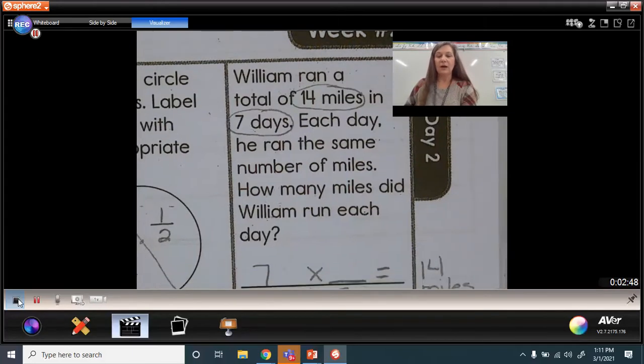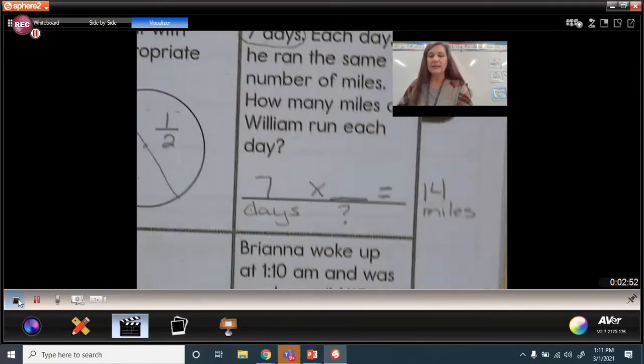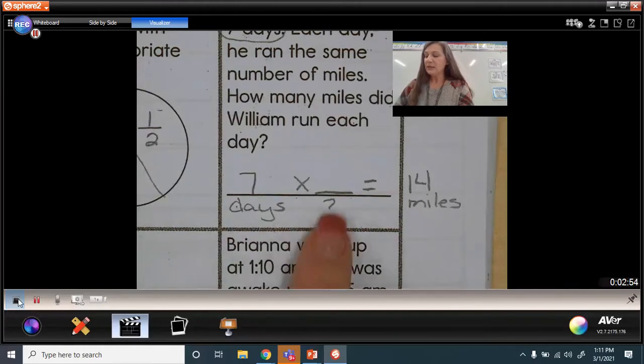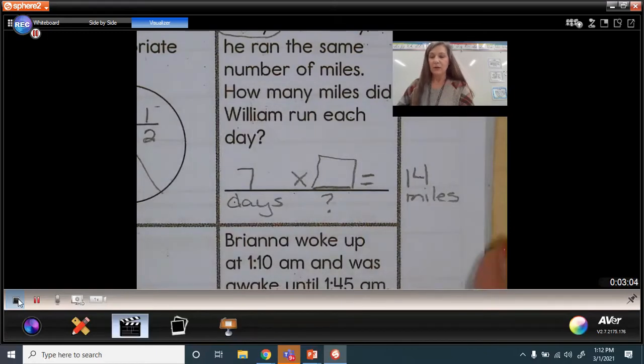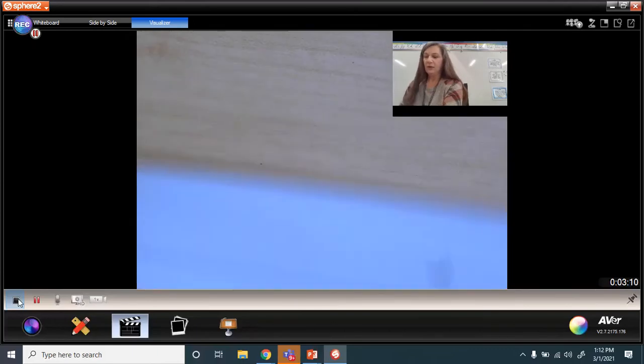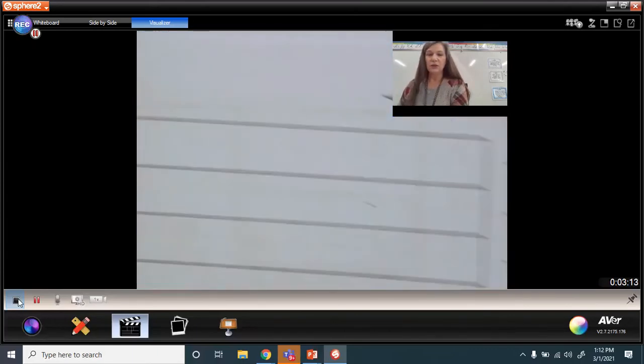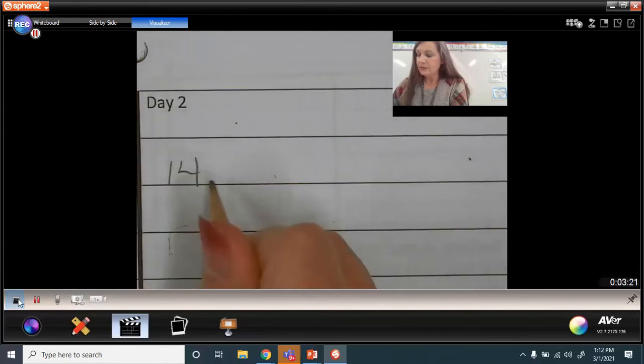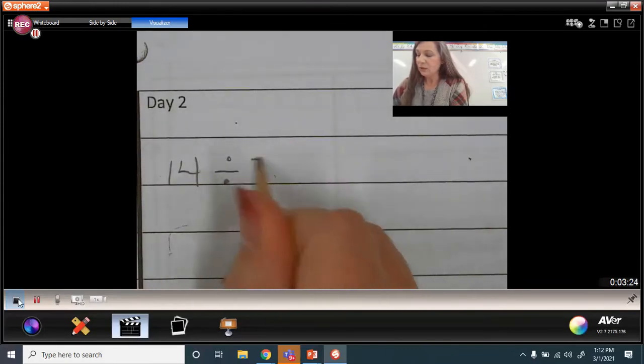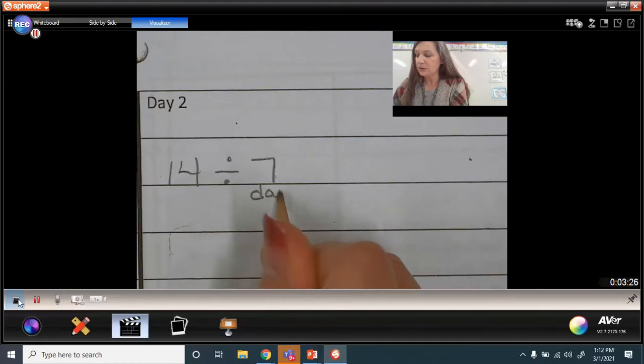So now that we are taking a look at this, if I'm missing a factor in multiplication, this tells me that I can use division to help find this missing factor. So let's take a look at that. Back here, remember you need to make sure you're modeling your work. We're going to take those 14 miles, divide them up between the 7 days, which are the groups.